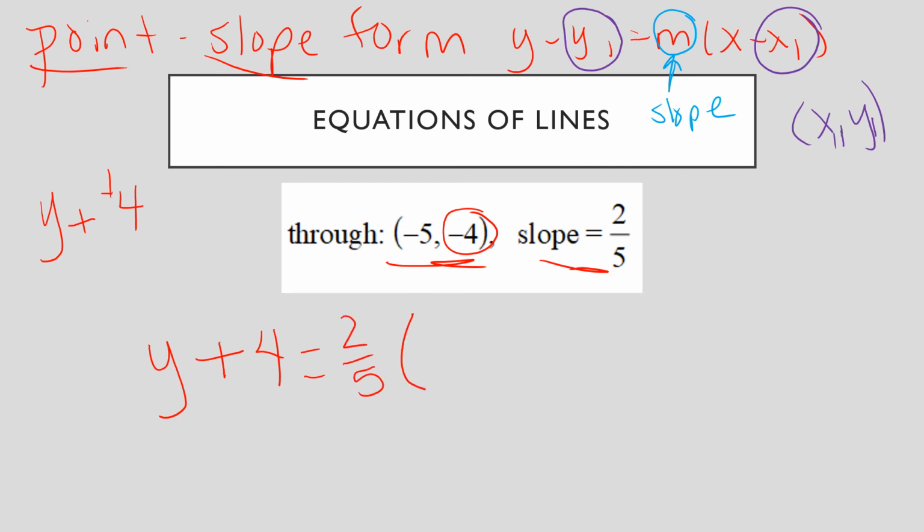And then I open my parentheses. That x stays in the equation minus the x coordinate of my point. And it's going to become plus 5 because, again, x minus -5 would change that to a plus 5. So that's all you have to do. Now, this x and y are just like in slope-intercept form when you have an x and y. Those stay there.